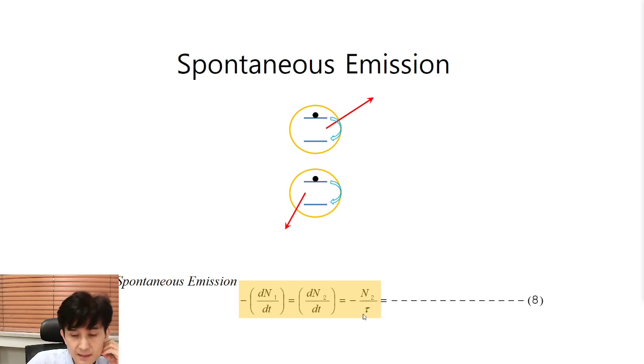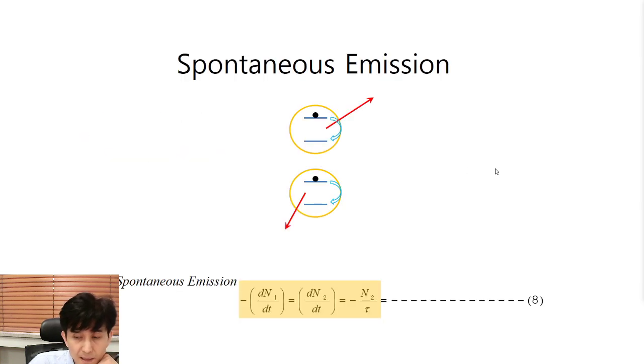Tau in this case is the lifetime of the decay. This just describes the exponentially decaying spontaneous emission rate. So equation 8 describes the spontaneous emission process.